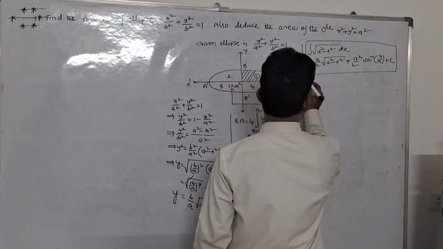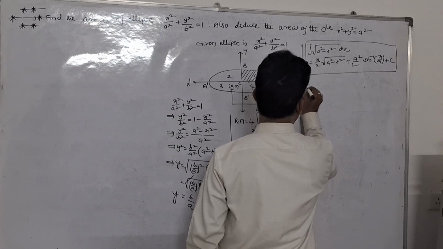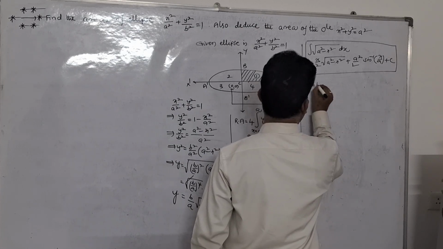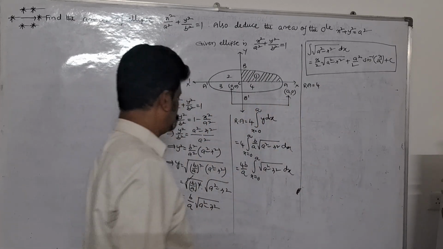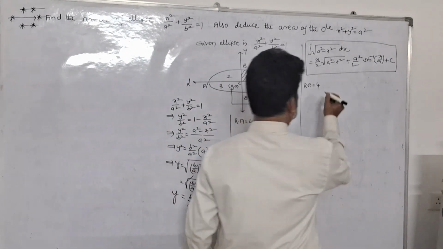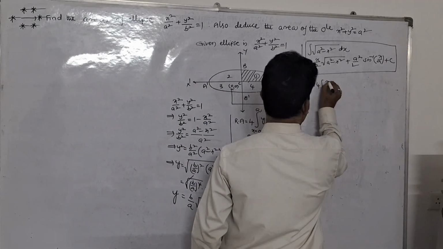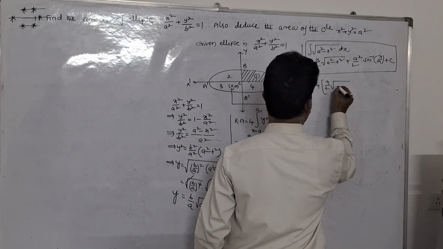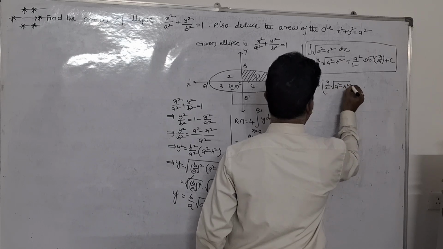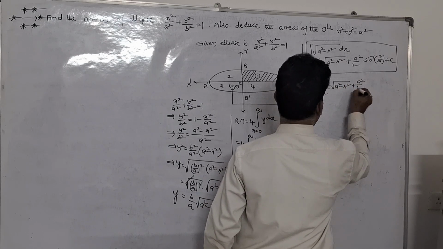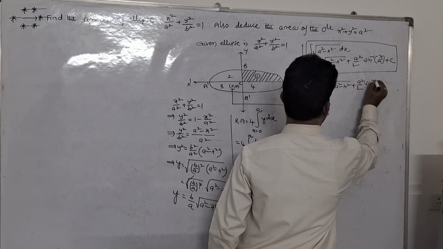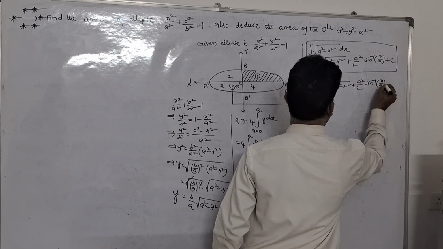So the required area is equal to 4 into this value, which is x by 2 into root over a square minus x square plus a square by 2 into sin inverse of x by a.